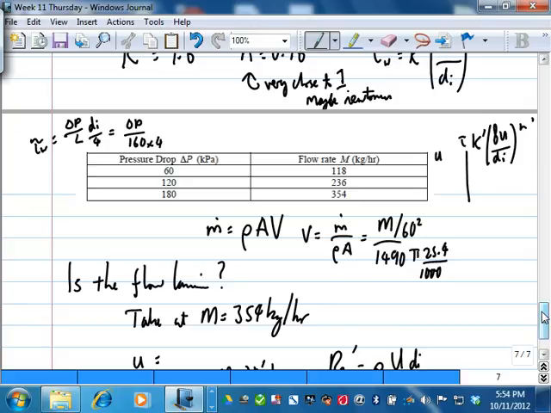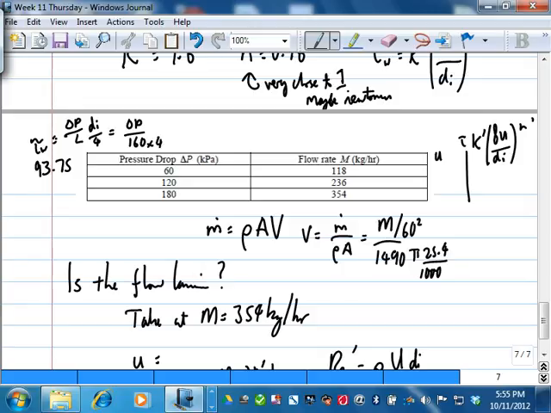But before we do that, what's the answer here? Anyone calculating? 60 divided by 160 by 4. 93.75.